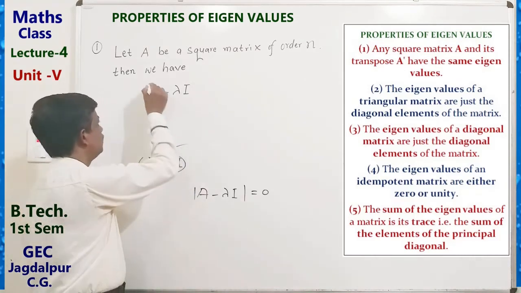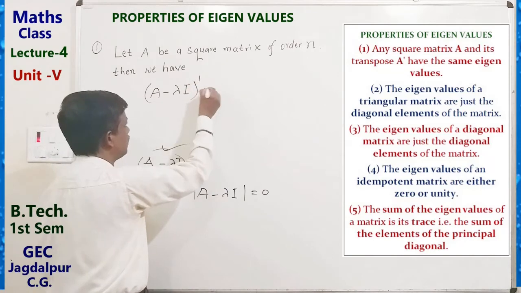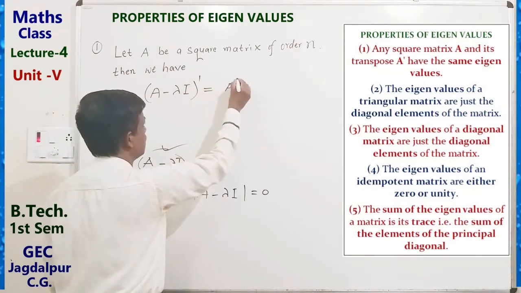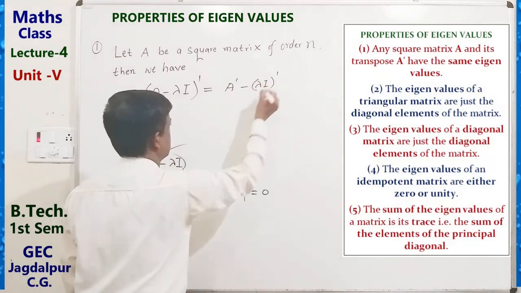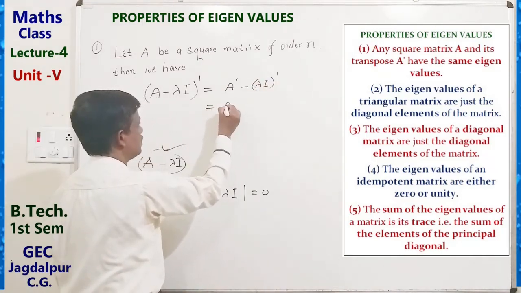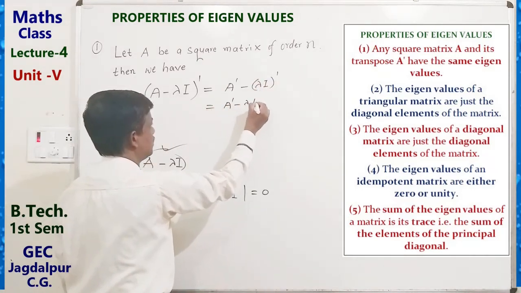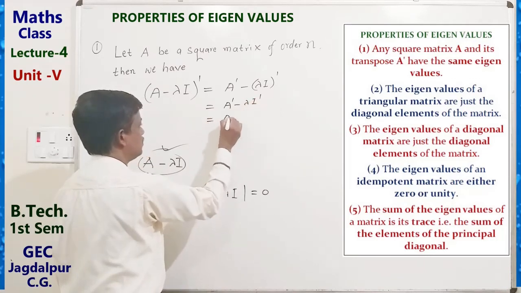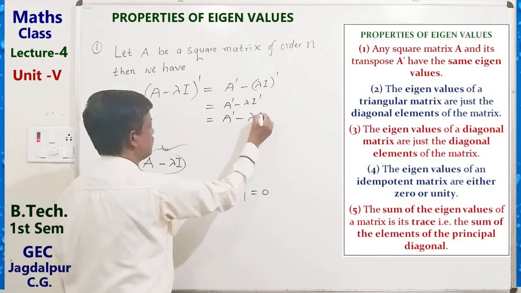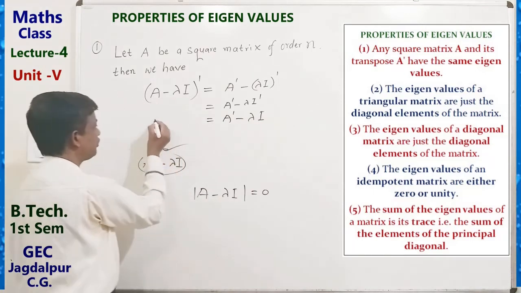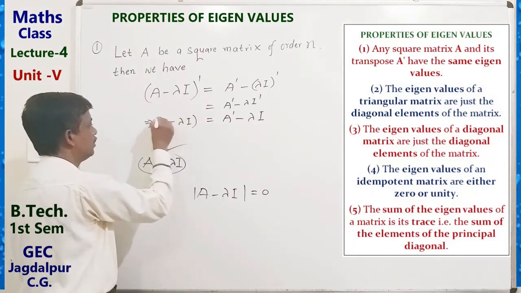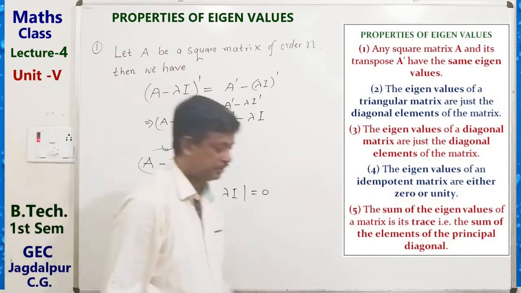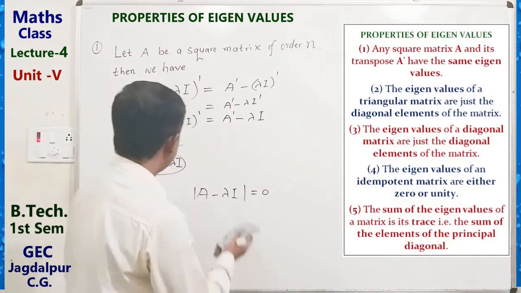Now its transpose, (A minus lambda I) dash, is equal to A dash minus lambda I dash, which equals A dash minus lambda I. So we get it like this.